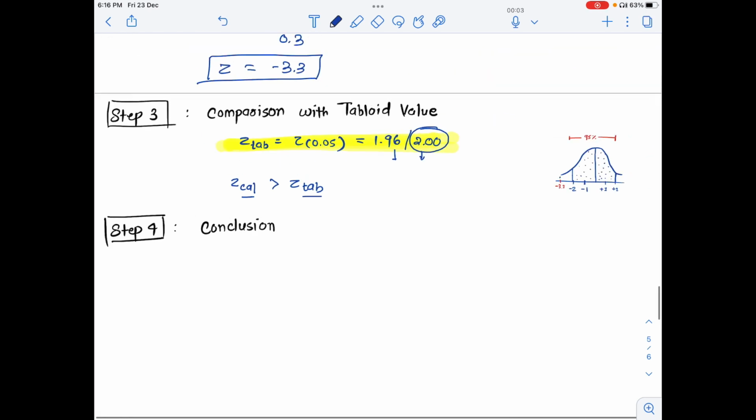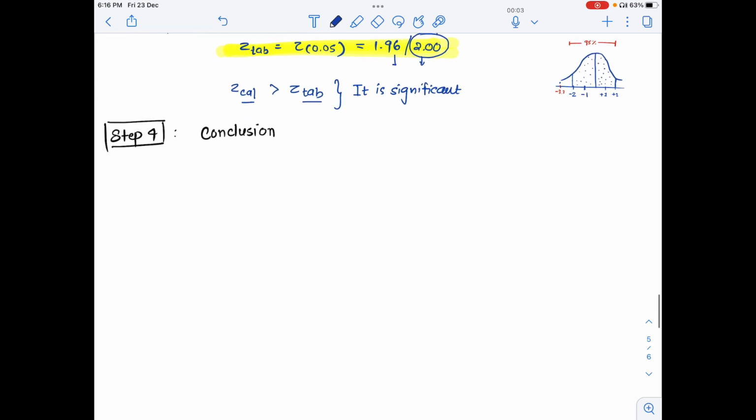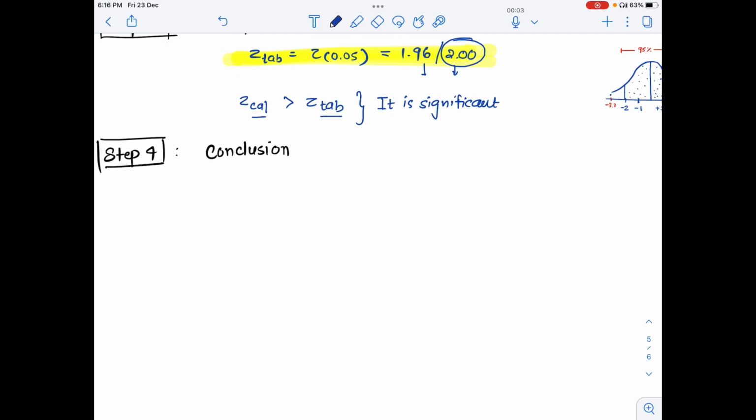So it is a significant value. So what we can conclude from this is that the babies who are born with 1.3 kg weight, their weight is significantly lower than that of sample mean, which was 2.3 kg.